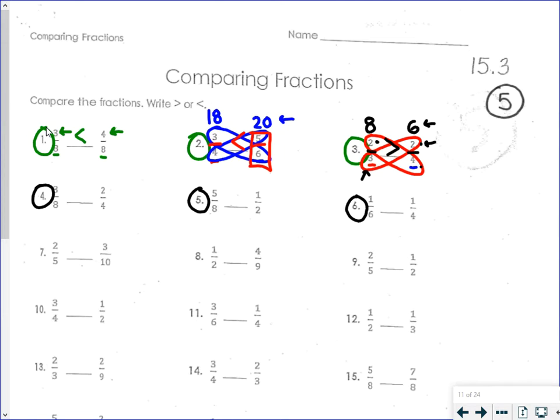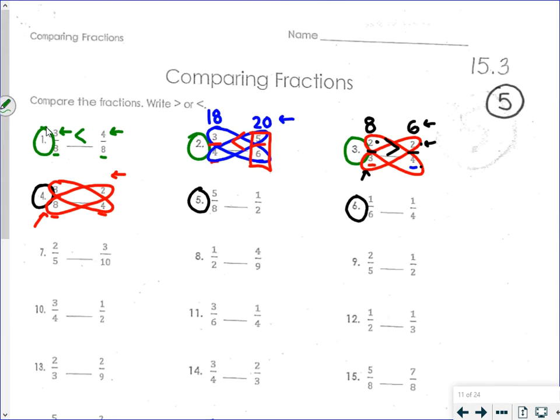Okay, so this one was 3/8. Okay, so once again, butterfly trick, because they are different denominators, right? Unlike denominators. Okay, so we have 3/8 and 2/4. Okay, so I'm going to go 8 times 2, and I'm going to write that above the 2 that we used for our numerator.